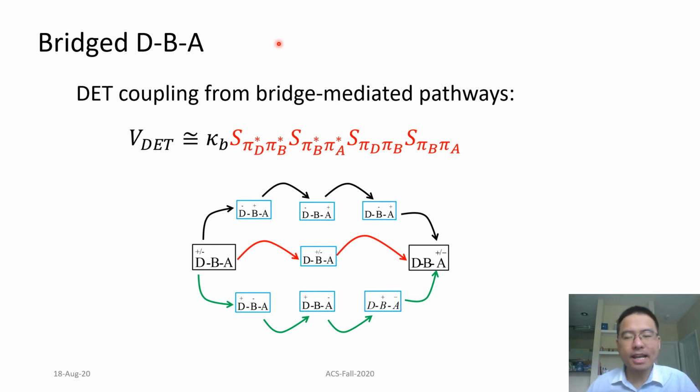For the more complicated DBA system with a bridge molecule in the middle of donor and acceptor, we know there are many more pathways.